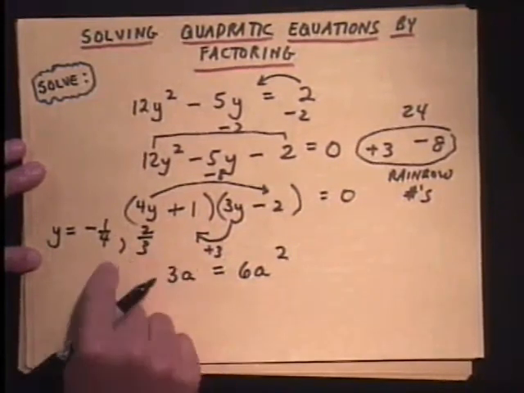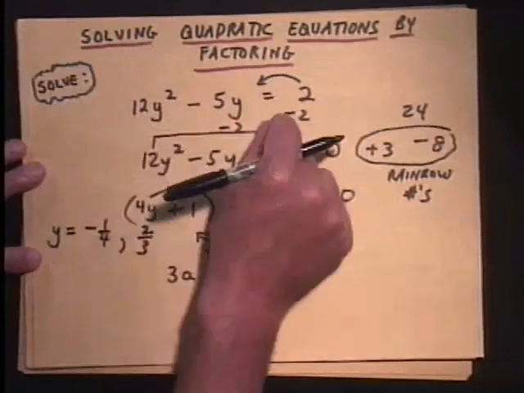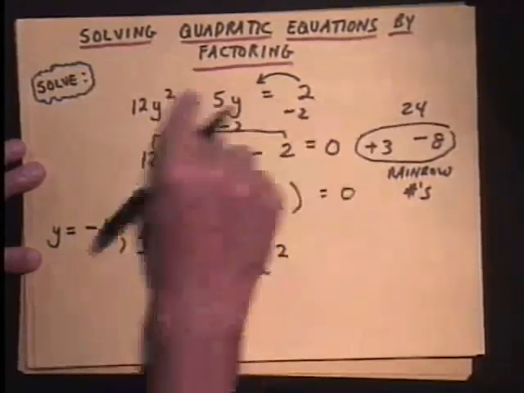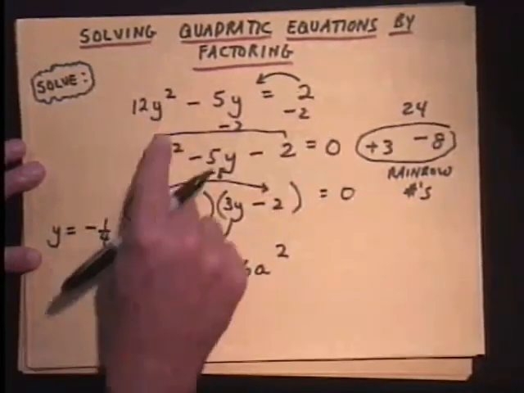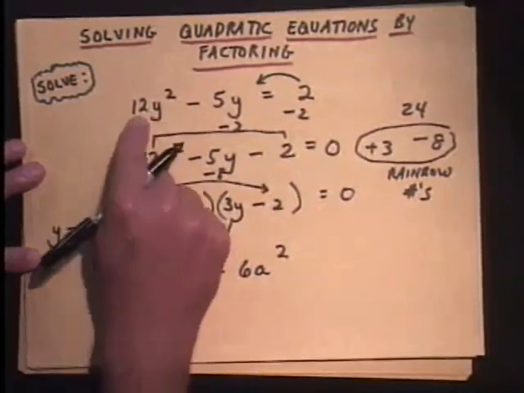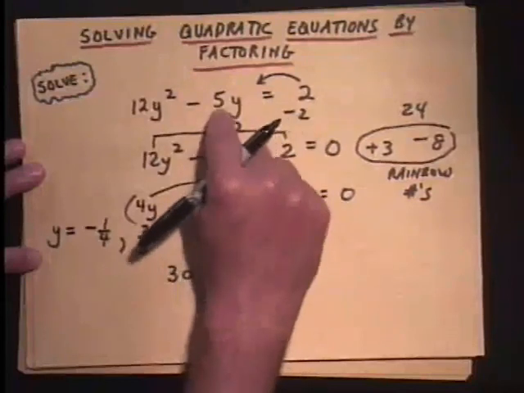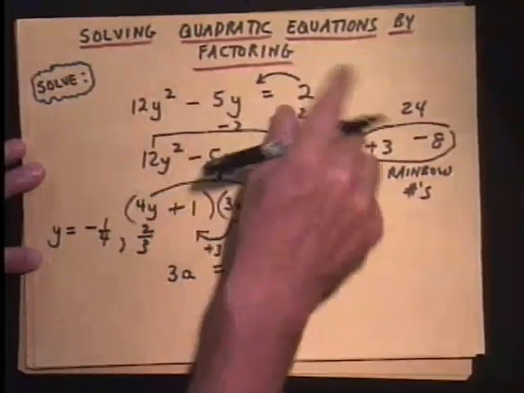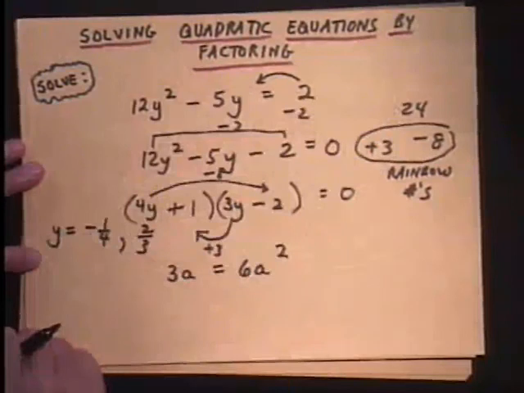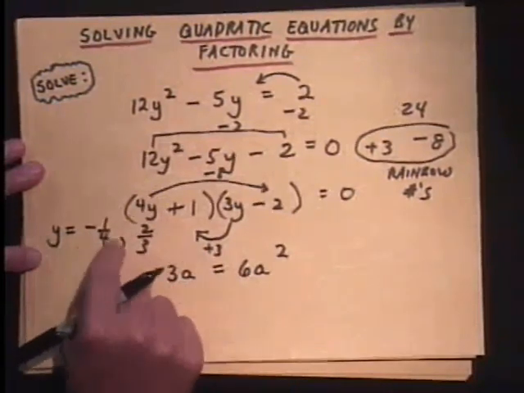Now, if you struggle with fractions, boy, taking one of these and plugging it back in here and making sure it checks, that would really help your fractions out too. So you'd actually have to square a negative 1/4 times 12. You probably have some chopping going on in there. Minus 5 times negative 1/4 would be plus 5/4, and I bet you it'll come out too. So maybe try that if you're a little weak there, but these will work.